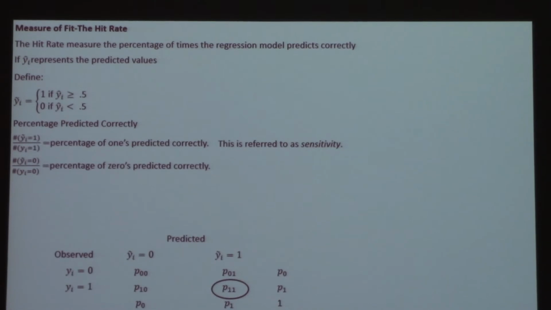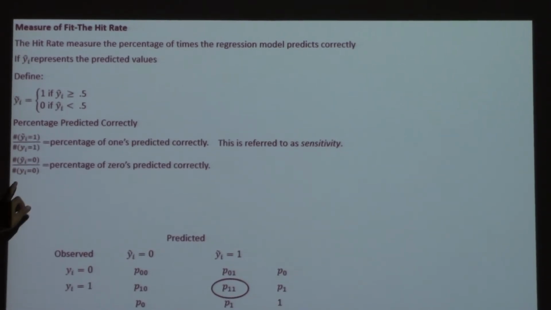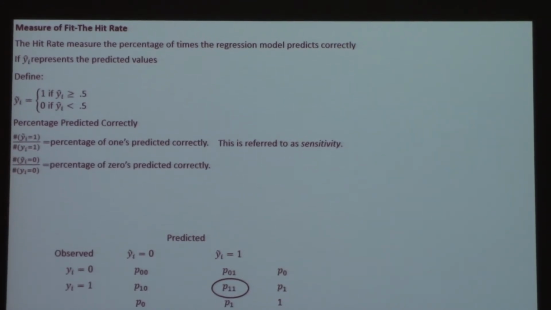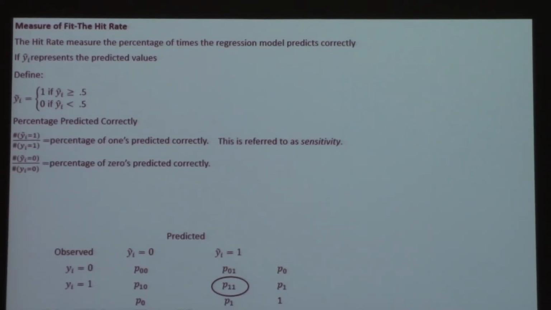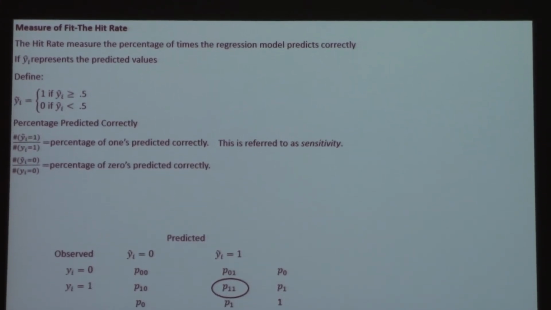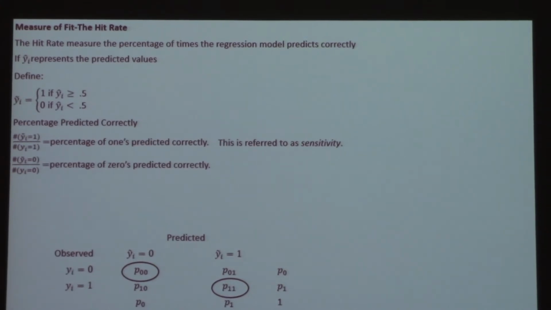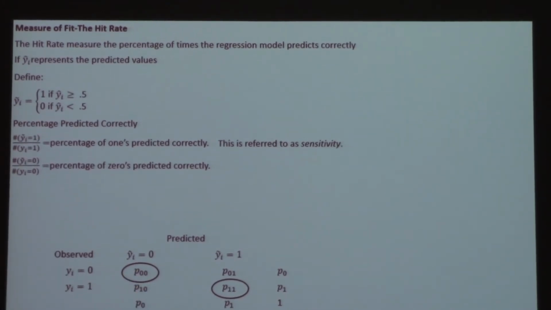We're going to look at the people that didn't purchase and compare that to the number of people that were predicted to not purchase. And that's that horizontal spot in our table. This is the percentage of zeros predicted correctly. This is referred to as specificity.